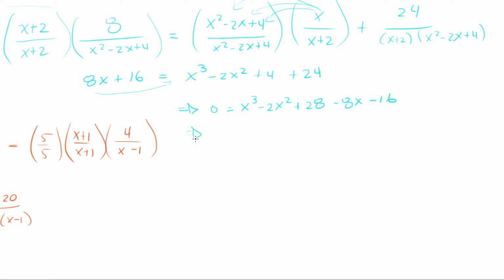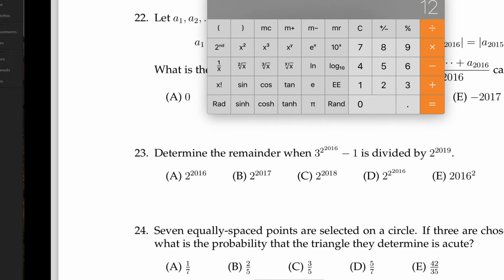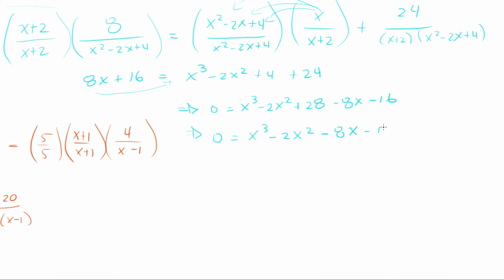Okay, and from here you have 0 equals x cubed minus 2x squared minus 8x, 28 minus 16 is 12, positive 12.